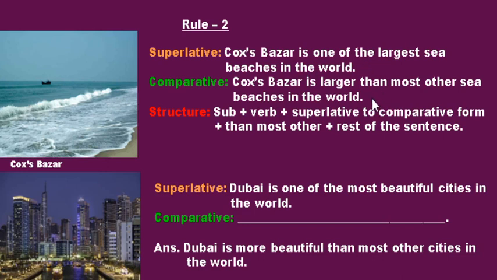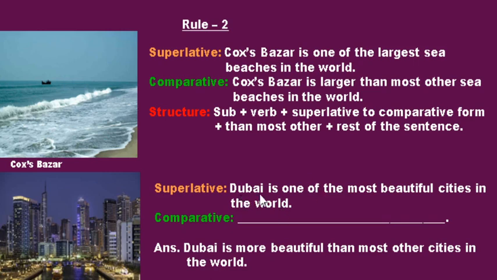Other rules will be similar, but here the factor is that you have to change it into the comparative form, and if you see one of the, then you have to use then most other. Dubai is one of the most beautiful cities in the world. How can you change it? Same rules.